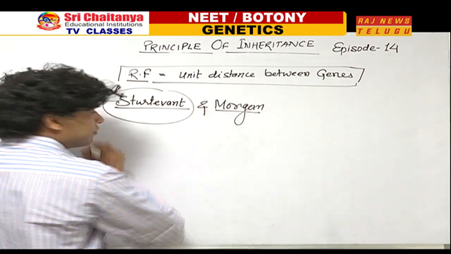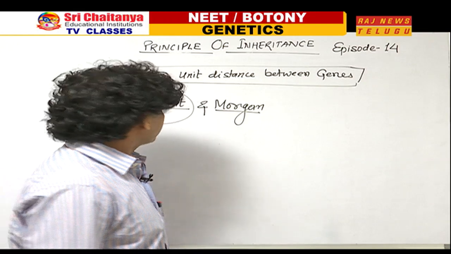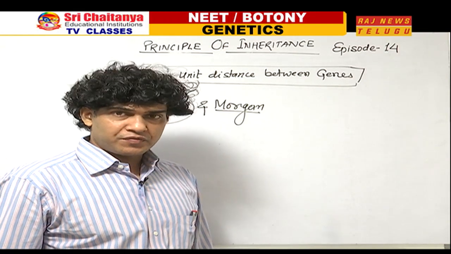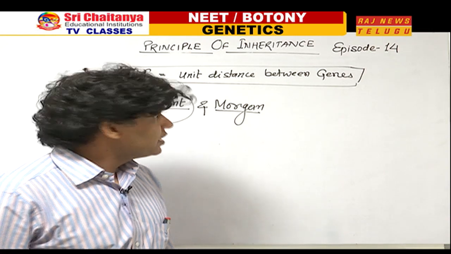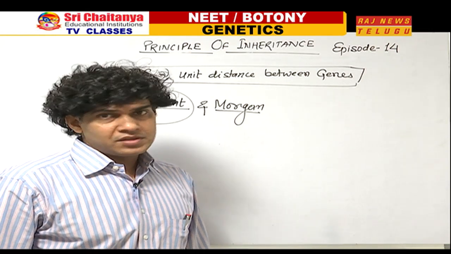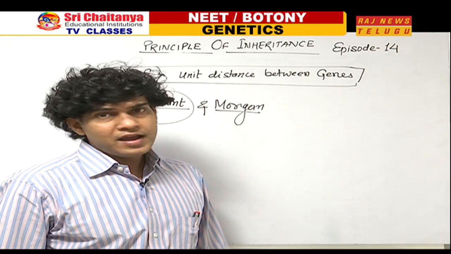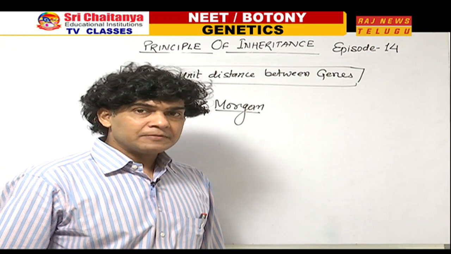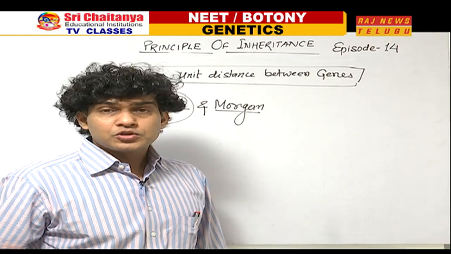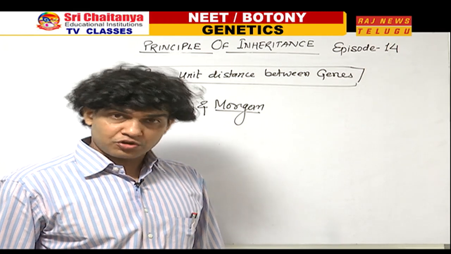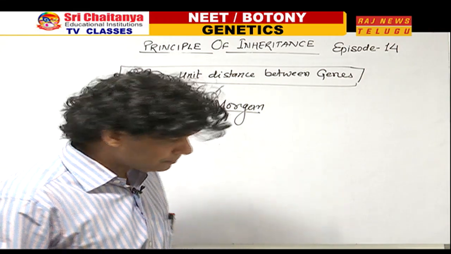Mainly Sturtevant was the pioneer in this aspect, but with the help of Morgan they used recombination frequency to denote the relative distance and sequence of the genes, and first constructed the gene map or linkage map of the X chromosome of Drosophila, and it was just a beginning. Afterwards this idea became so popular and generalized for the construction of gene maps. About it some more details we will discuss in the coming time.